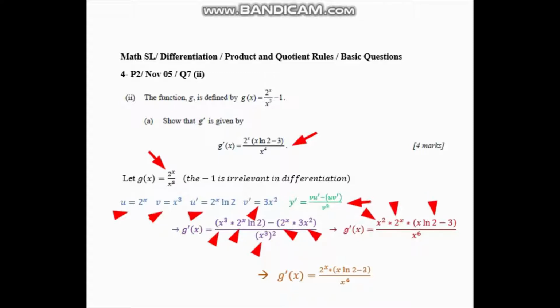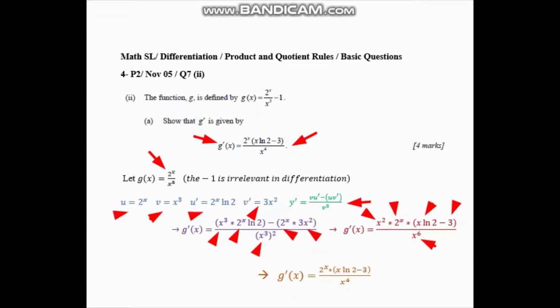So I had x cubed, so I have an x remaining, and the ln 2. These are the remnants of the first component. And for the second component, I just have a 3. For the denominator, I have x to the power of 3 all squared, so I just multiply the exponents and I get x to the power of 6. Now this has begun to look a little bit like the expression that I am trying to reach.